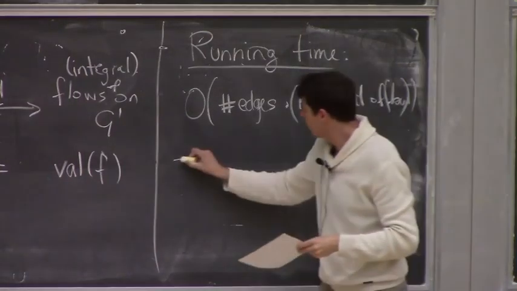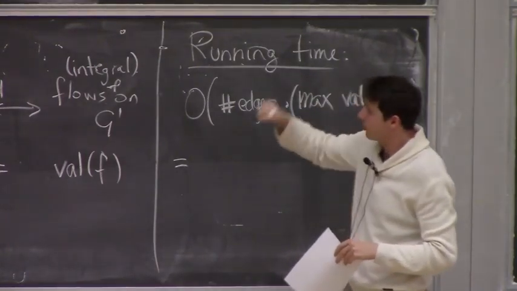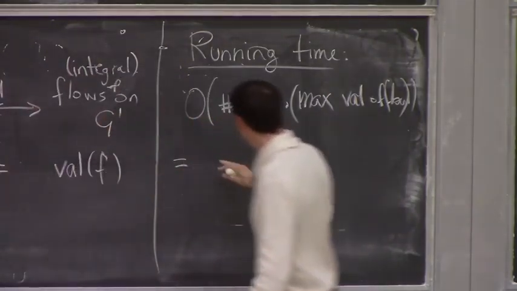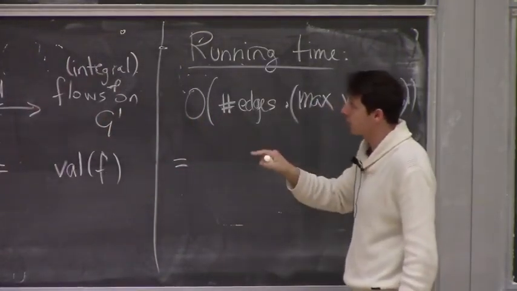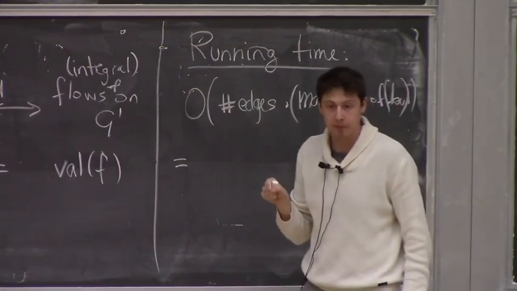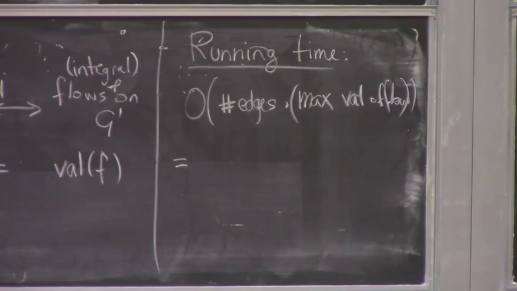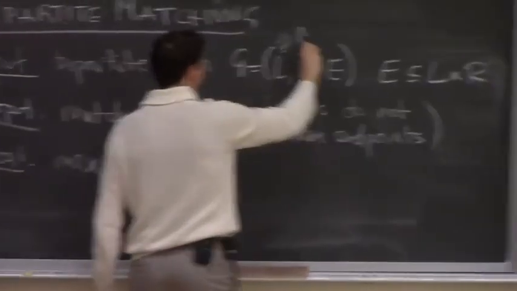But here, we should really measure relative to the particular instance that we've constructed, right? How many edges do we have as a function of our original input? We have to come back here. This is our measure of efficiency, our original input. So let's say I have at most n vertices, somehow split between these two sides, okay?